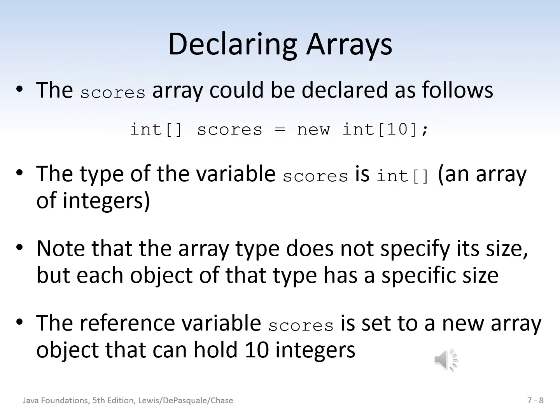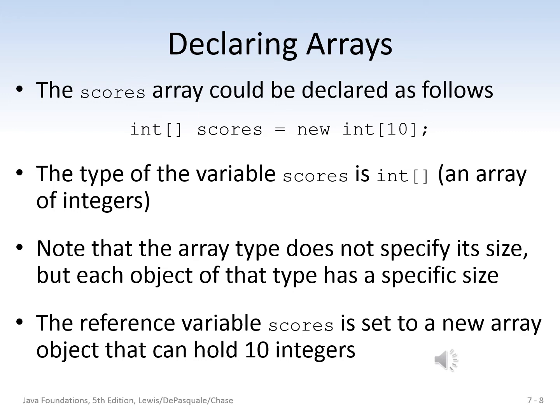The scores array that we've been looking at so far can be declared as follows. int brackets scores, and then we call the constructor new int 10. So this would declare an integer array object named scores that is capable of holding 10 integers.